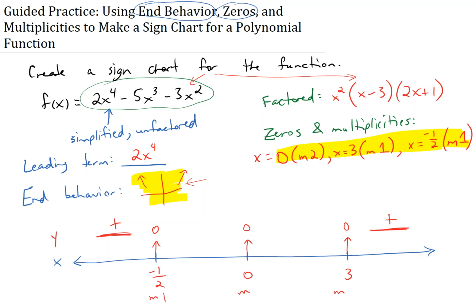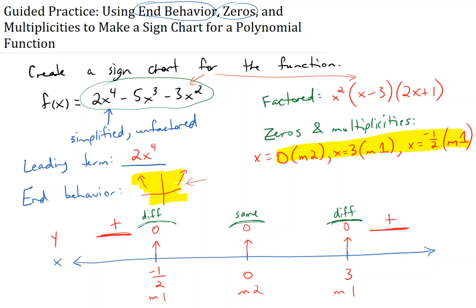So that's multiplicity 1, multiplicity 2, multiplicity 1. Use the multiplicities to determine if the sign changes or stays the same across each of those zeros. Come back and check your answers to this. So the first one, the signs should be different, or they should change, whatever word you want to use. The next one, the signs should be the same, and the last, the signs should be different.